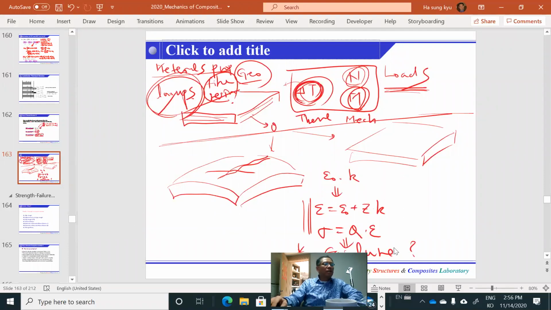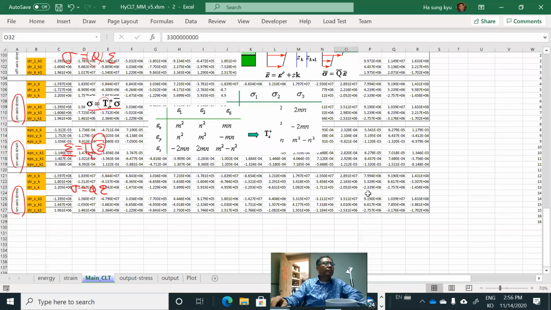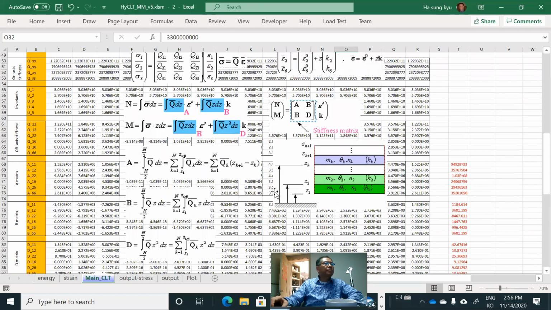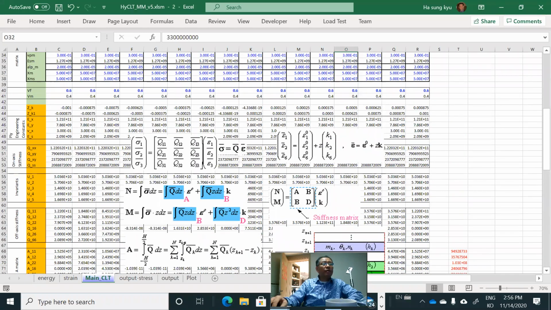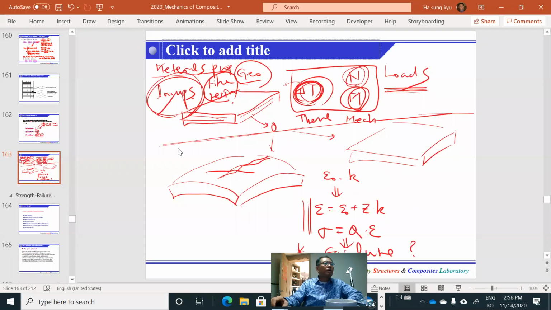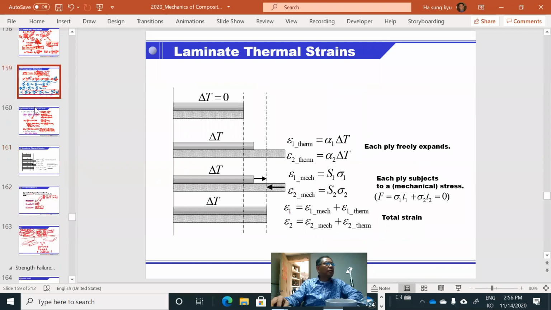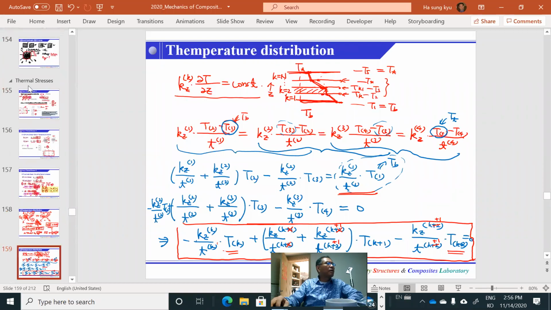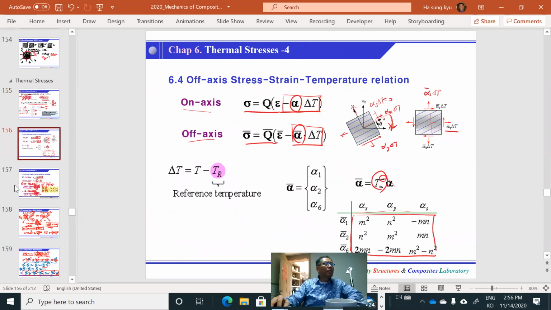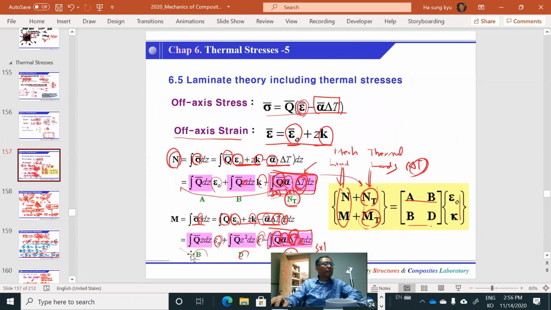Okay, so let's try to program again. Come back here, and all you need to do is to get these equations.